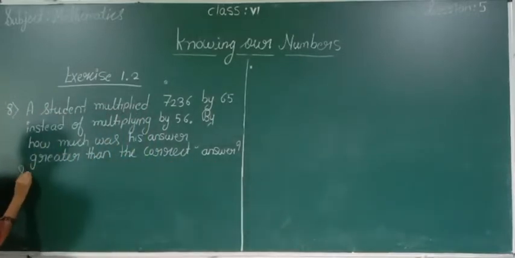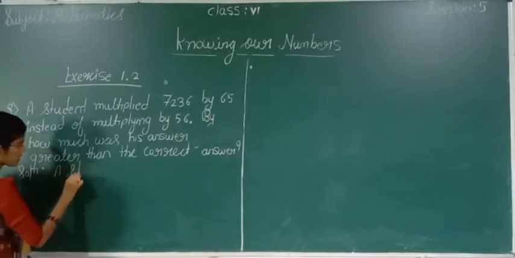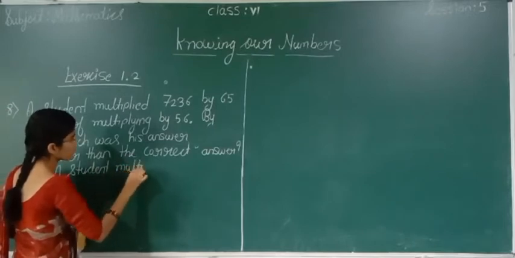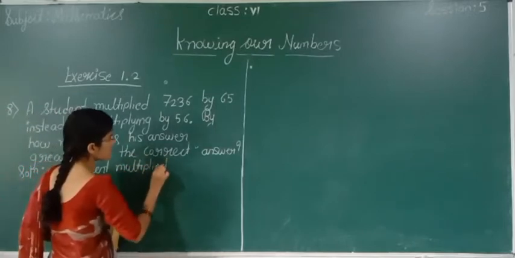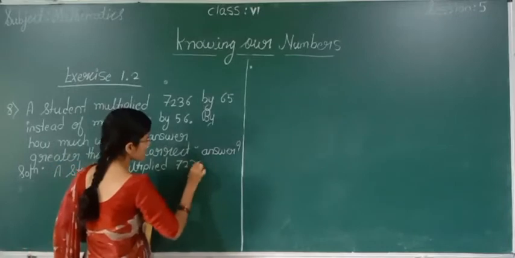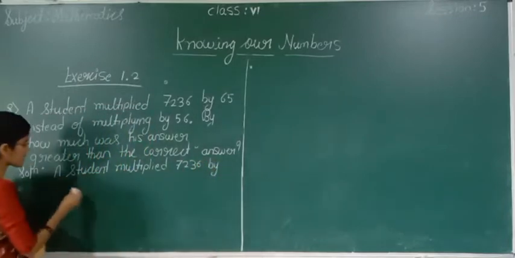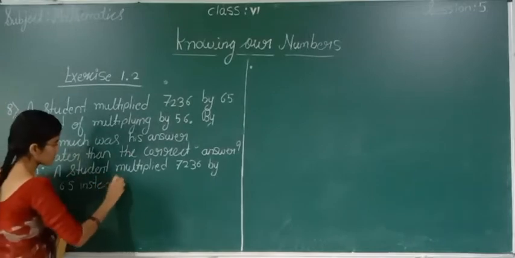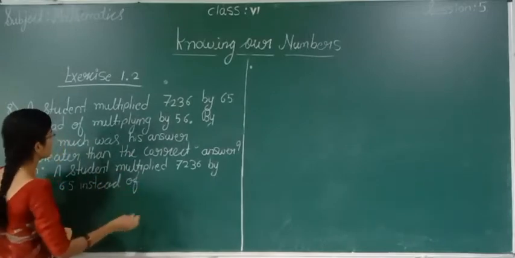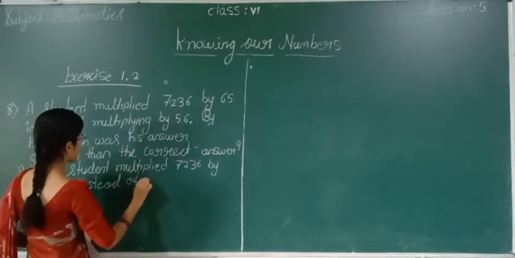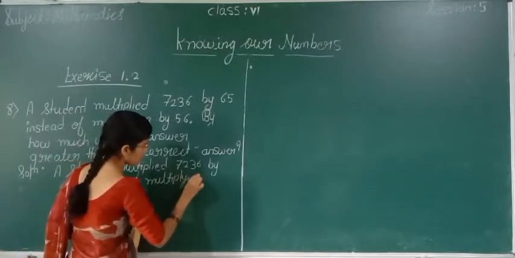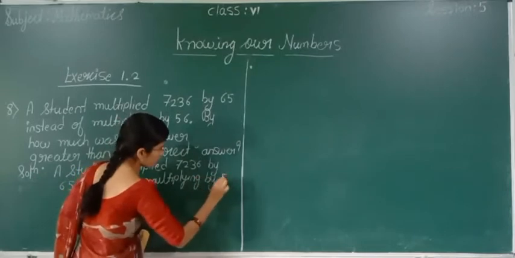See the solution. A student multiplied 7236 by 65 instead of multiplying by 56.